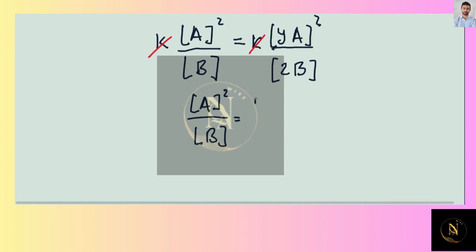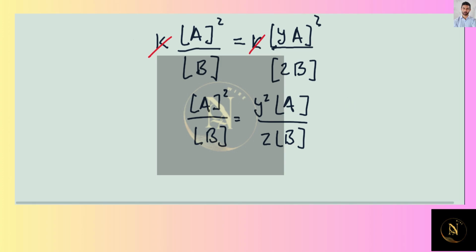But on the right-hand side now, I've got y squared times a, and I've got 2 times b. Basically what we're going to do is solve for y and then figure out what that means in terms of changing a by some percent. For example, if y turns out to be 2, we know that's the same as increasing a by 100%. If y ends up being 0.5, we know that's decreasing a by 50%, and so forth.